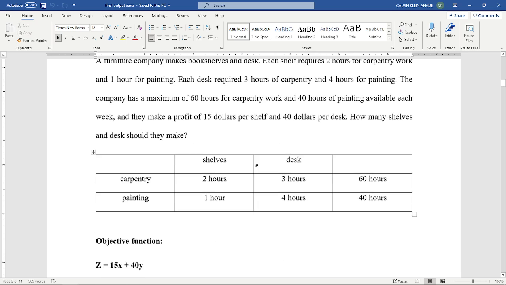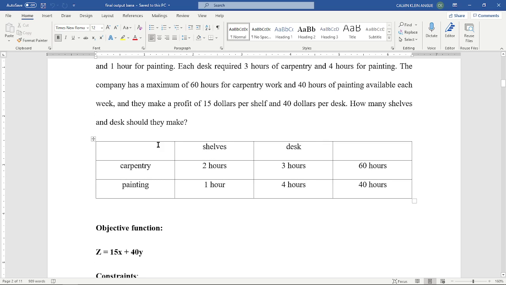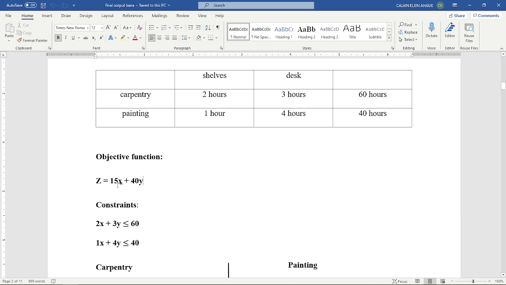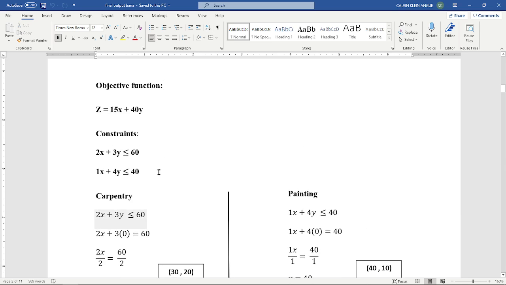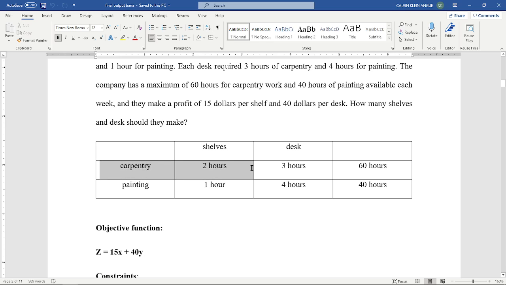So first I make a table, so I know my variables. For the objective function, set it in mathematical terms: 15x plus 40y. That's your objective function. Then the constraints.